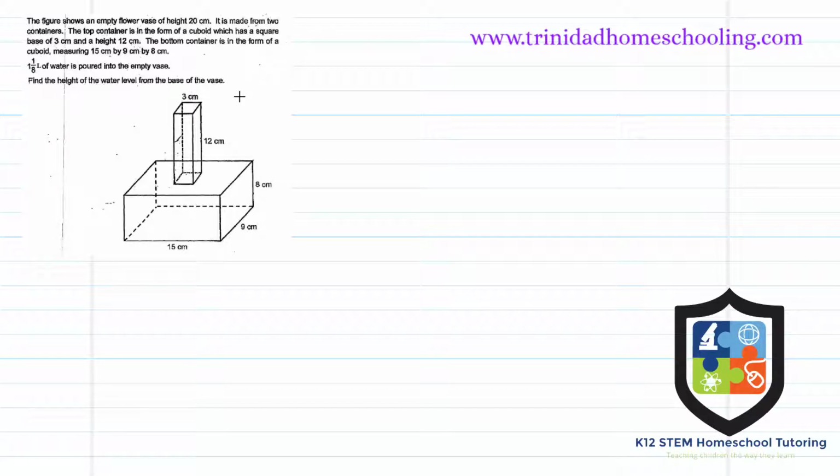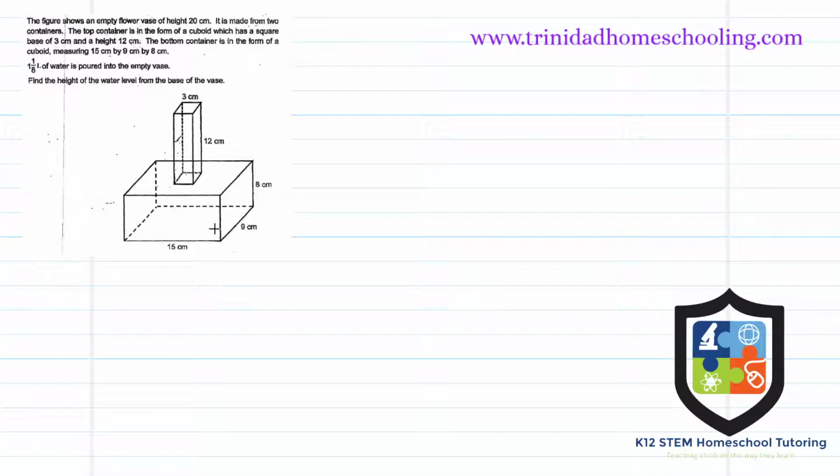So this question tells us about an empty flower vase. The total height is 20 centimeters, which is this 12 plus this 8. And it is made from two containers. The top container is in the form of a cuboid, which has a square base of 3 centimeters and a height of 12.